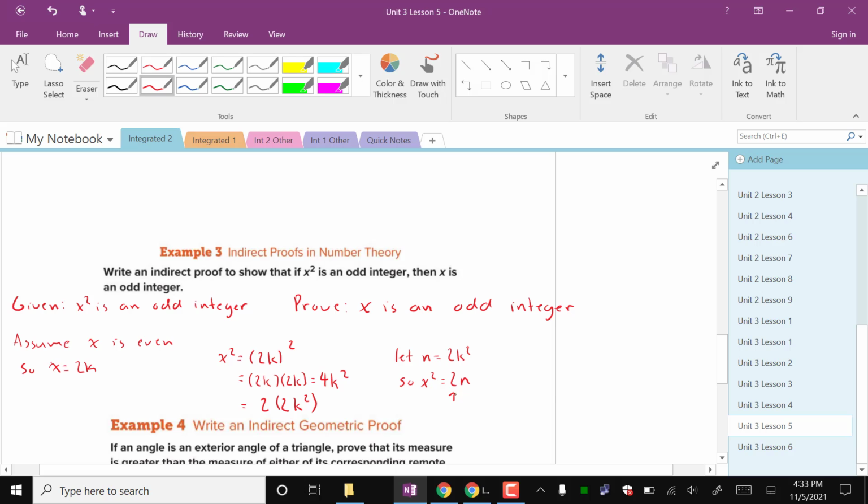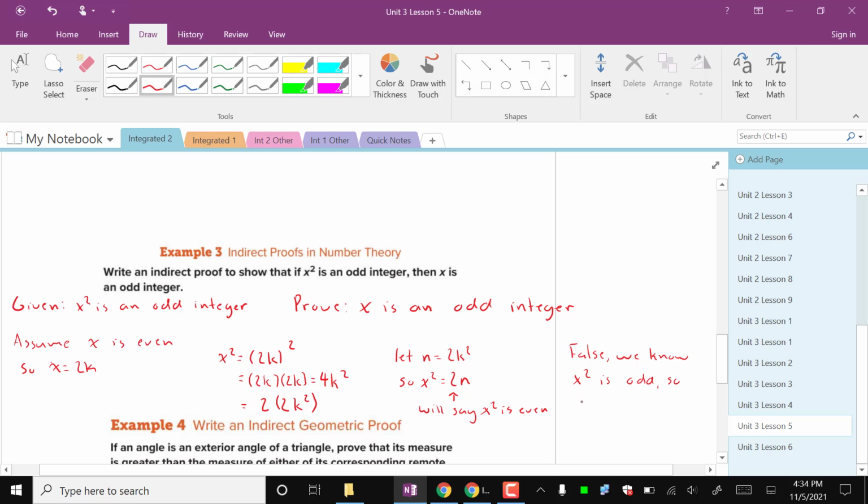So this will tell us x squared is even. And that's not what we want. The original conclusion, x is odd, must be true. So false. We know x squared is odd.